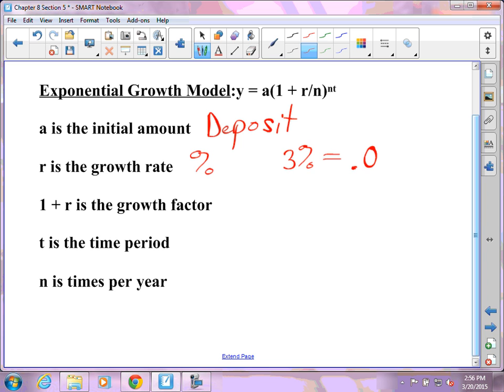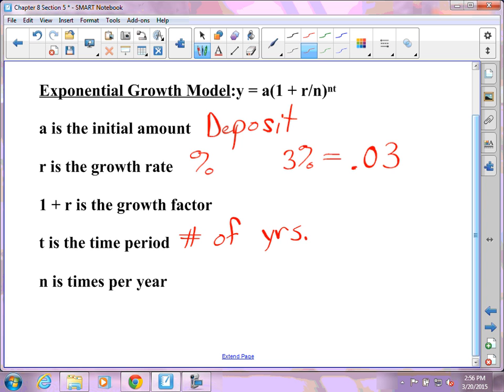And so we move that decimal place 2 places to the left when we go from a percentage to a decimal. The growth factor is just 1 plus r, which is the growth rate. T is the time period, so number of years. And n is times per year.